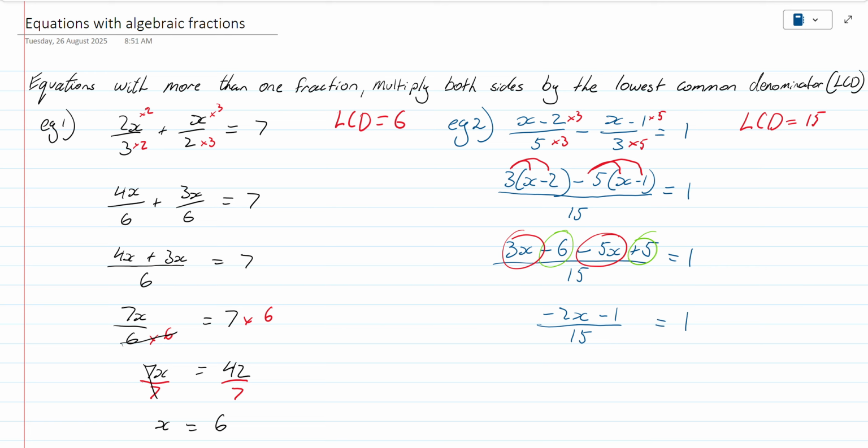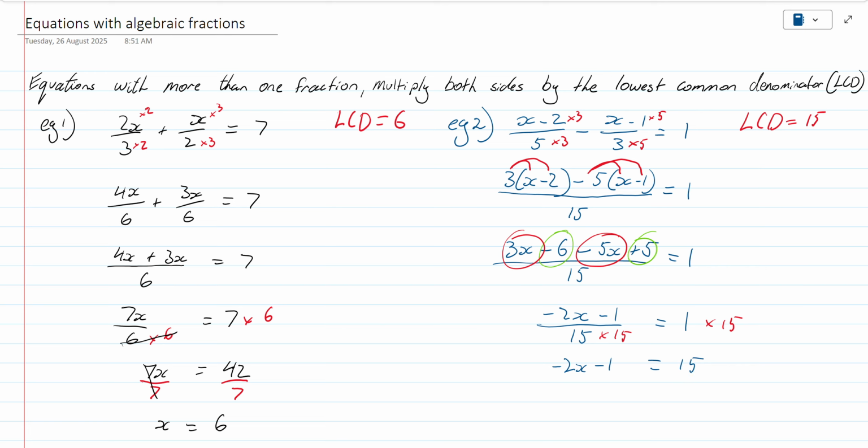Now we need to start to remove the constants away from our coefficient and pronumeral so we can get x by itself. We can't touch the numerator until we get rid of the denominator. So that divide 15 is going to become times 15 to both sides. So we get negative 2x minus 1 equals 15.